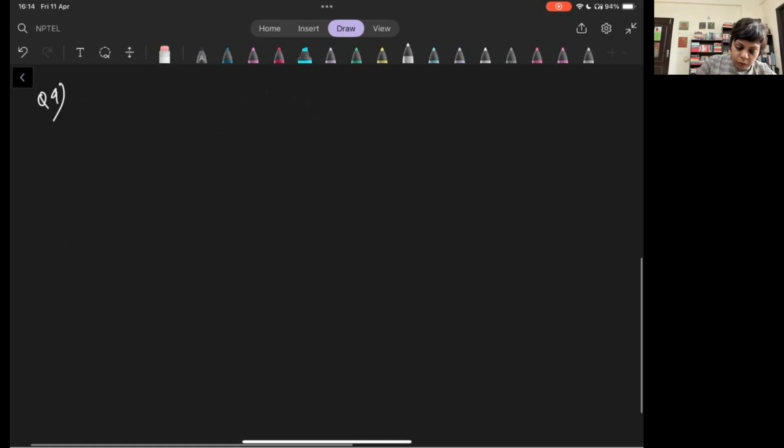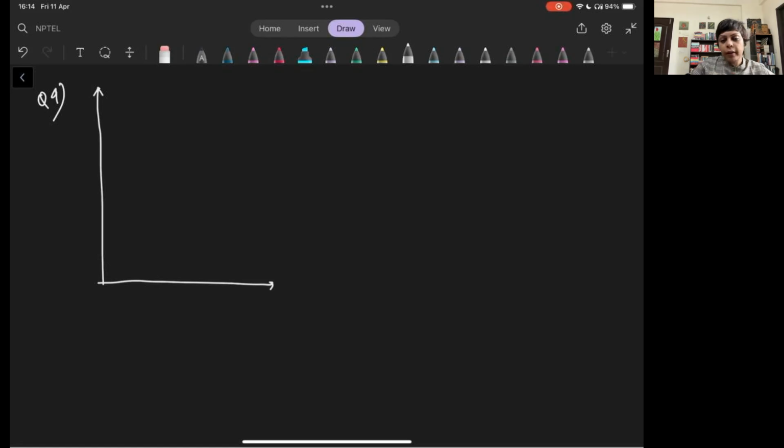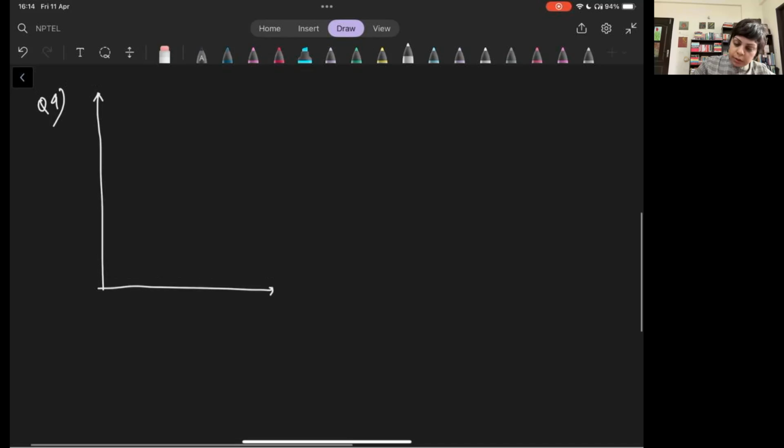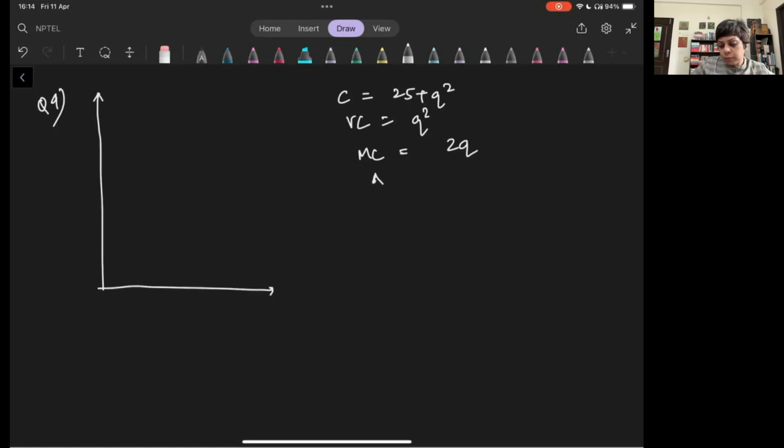Okay, so in our case, actually, the cost function is quadratic, so we will not get a parabola. Let me open the question. So our cost function is given to us as 25 plus q squared, right? So variable cost is what? It's just q squared. Marginal cost is 2q, average variable cost is q.